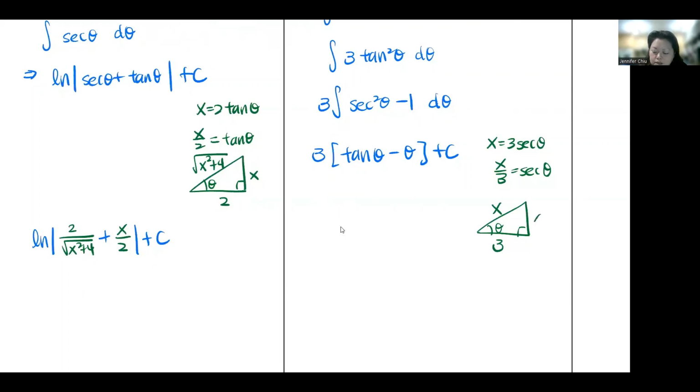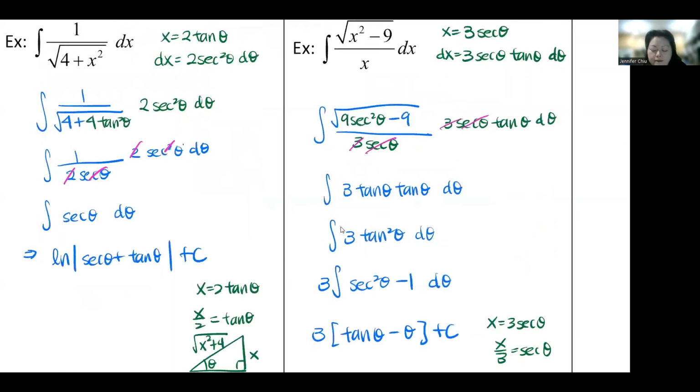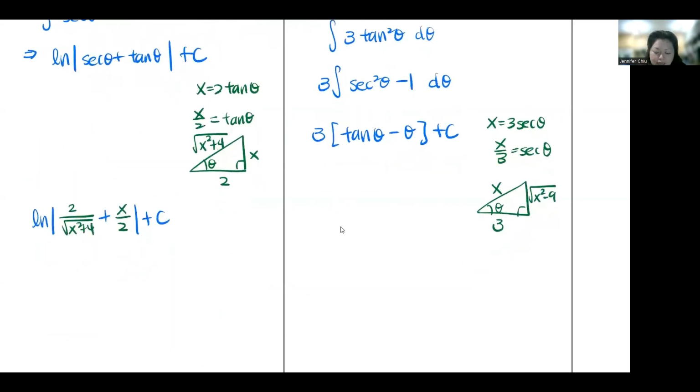The square root of x squared minus 9 will be my missing side. All right, now I'm ready to put this in. Tangent would be opposite over adjacent. So opposite, square root of x squared minus 9, over 3. And here's where it's a little bit different. What is theta? Well, theta is the secant inverse of x over 3. That's okay, that's valid. And then plus c.